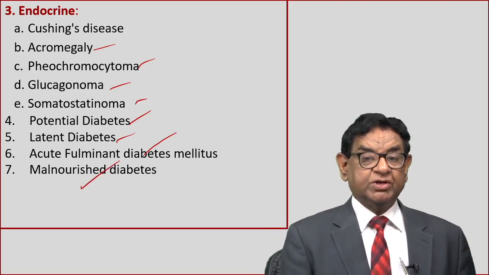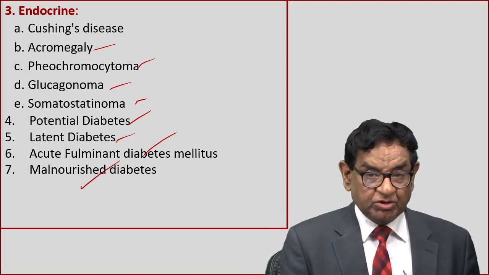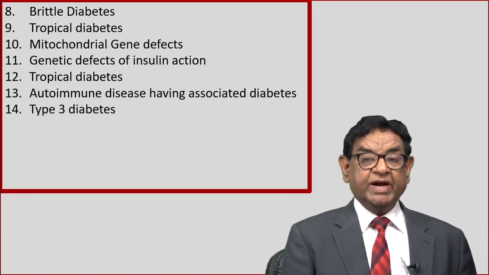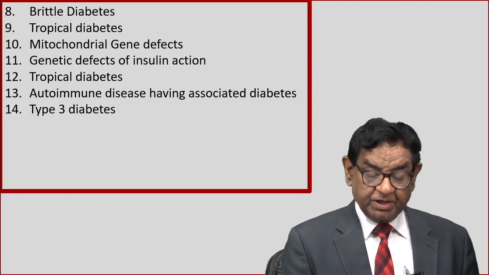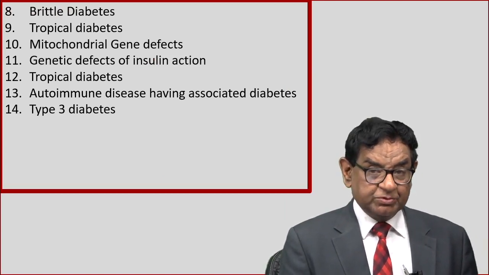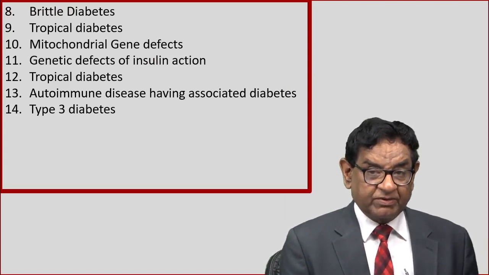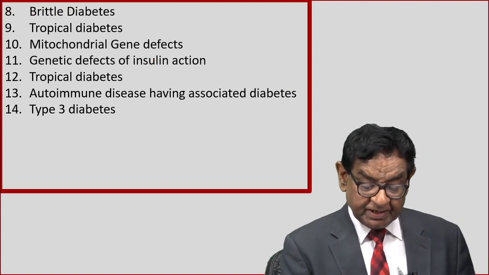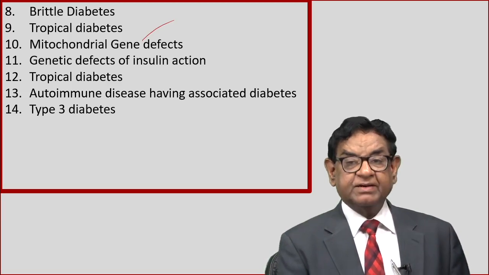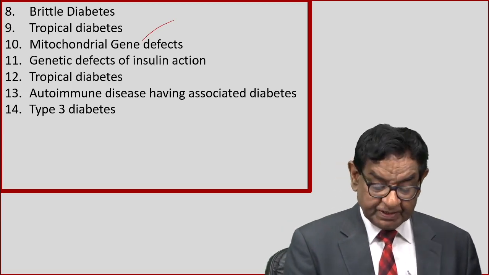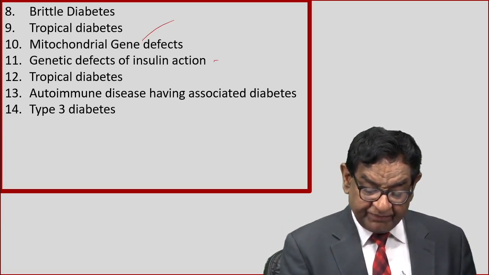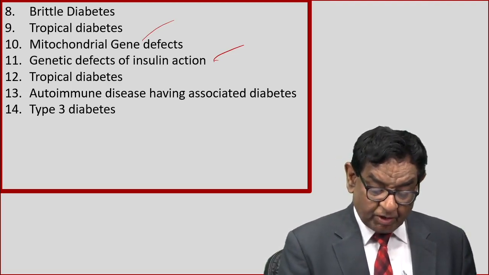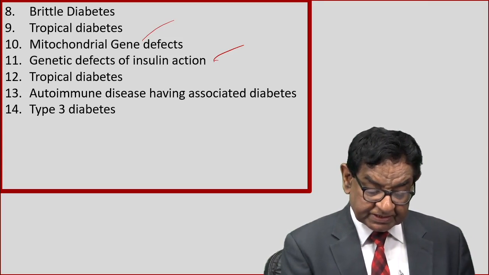Malnourished diabetes is because of reduced amino acids, so the patient is not able to synthesize insulin. Brittle diabetes is wide fluctuation of blood sugar. Tropical diabetes is usually chronic pancreatitis due to cassava intake, with pain in the abdomen and pancreatic calcification as features. Mitochondrial gene defect: DIDMOAD is the classical example. Genetic defects: cystic fibrosis and leprechaunism.